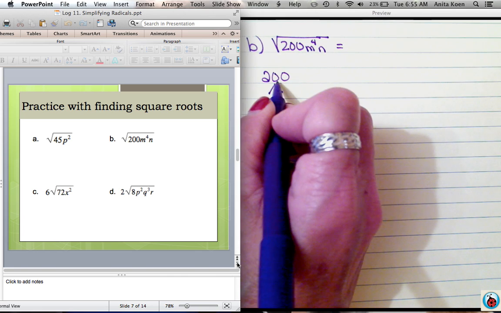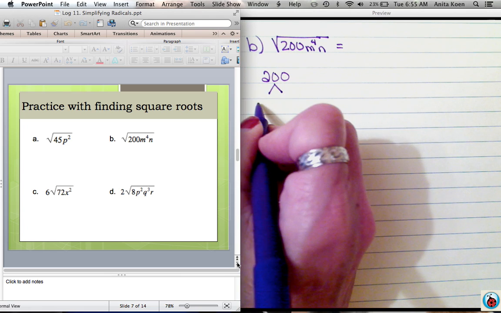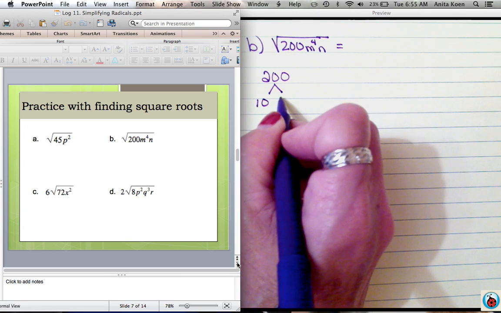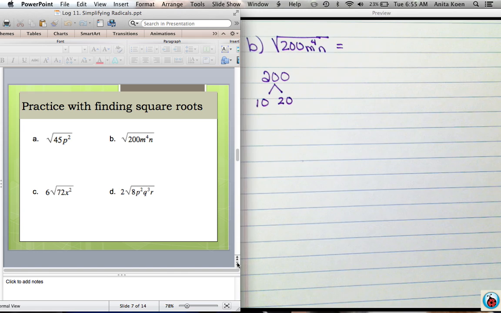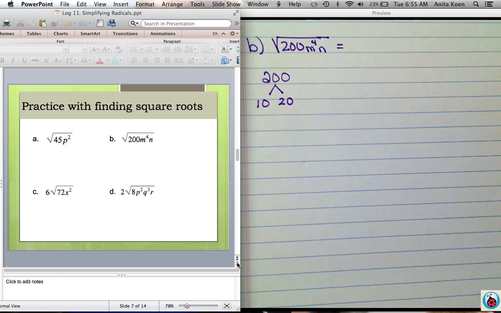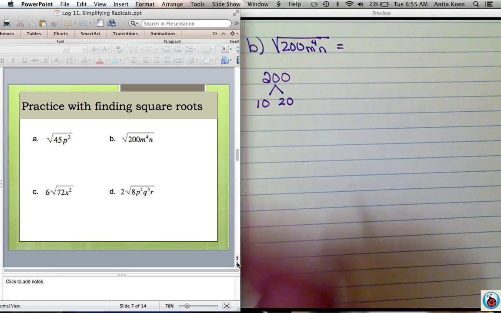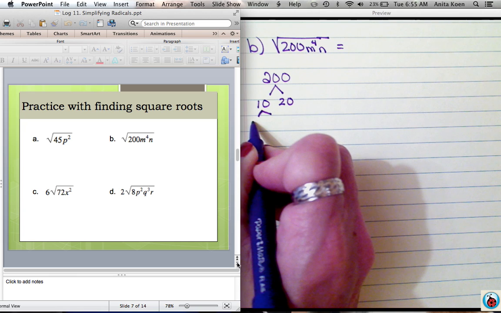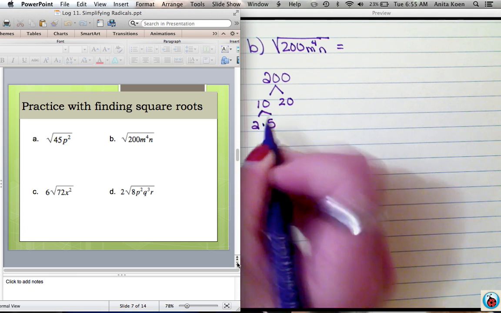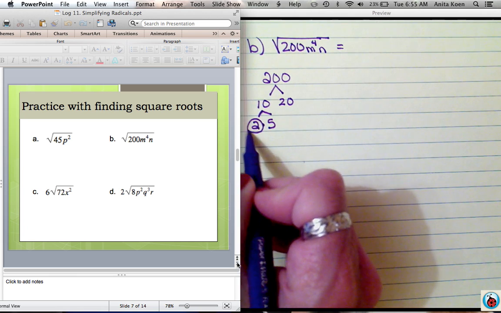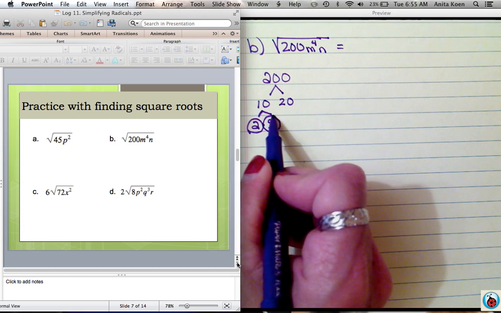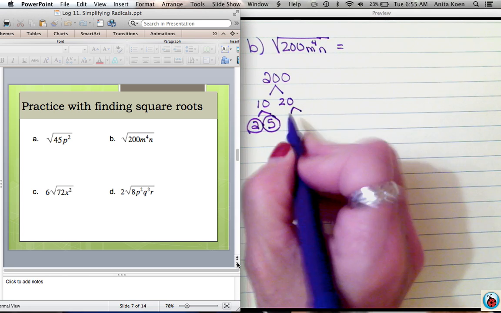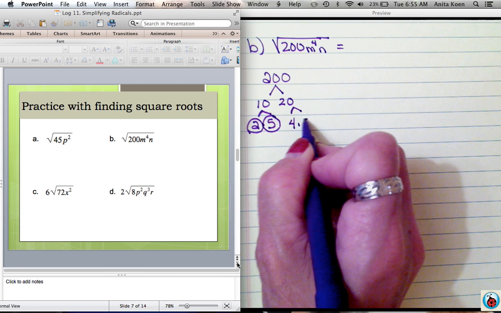I can look at that and say, well, I know that 10 goes into 200, and I know that 10 goes into 200 20 times. You can do 2 times 100 if you want to. It doesn't matter how you break this down as long as you go all the way down to your prime factors. 10 is 2 times 5, and 2 is a prime factor and 5 is a prime factor. And 20 is 4 times 5.